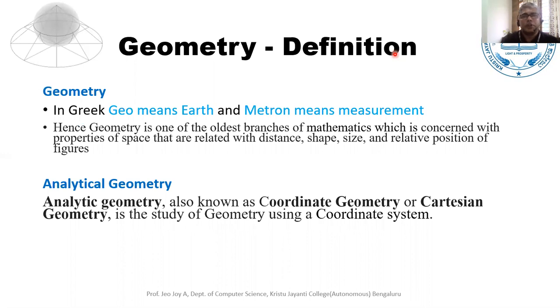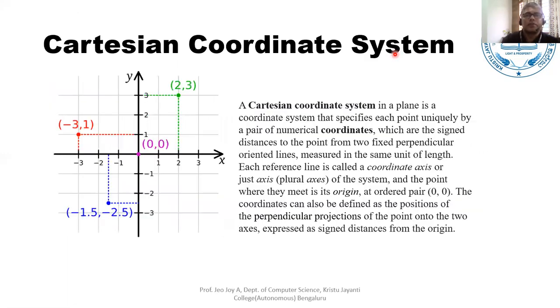The word geometry is derived from the Greek words geo, which means earth, and metron, which means measurement. And the analytical geometry, also known as coordinate geometry or Cartesian geometry, is the study of geometry using a coordinate system.